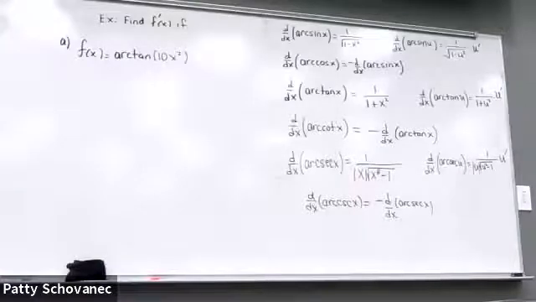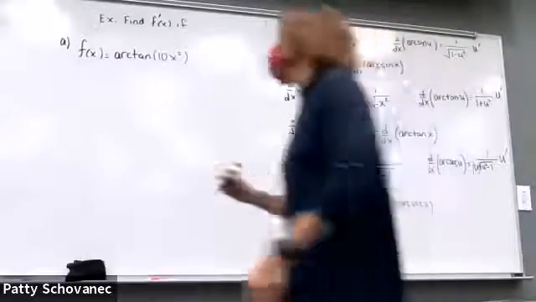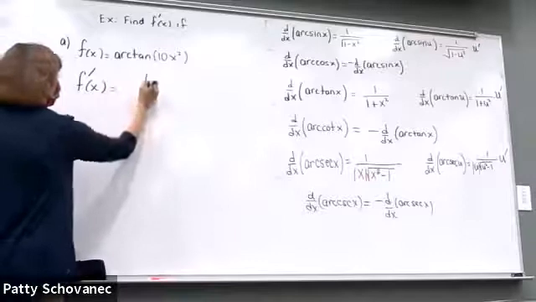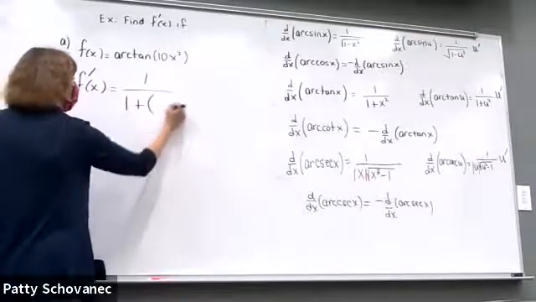So here we've got a function of x. So we're going to use the general form that the derivative of the arctangent of u is 1 over 1 plus u squared times u prime. So u is the 10x squared. So f prime of x is 1 over 1 plus u squared.